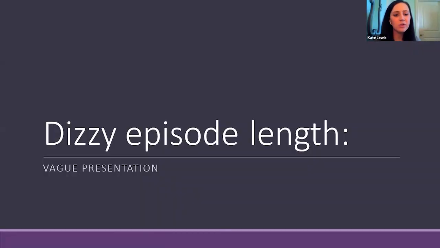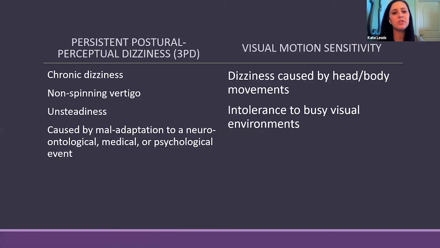Okay, so then finally we look at a dizzy episode that has kind of a vague presentation, right? So individuals who just kind of feel off all the time. We have something called persistent postural perceptual dizziness, or 3PD. It's a chronic dizziness. It's usually brought on by an acute vestibular dysfunction, like a BPPV or a labyrinthitis.